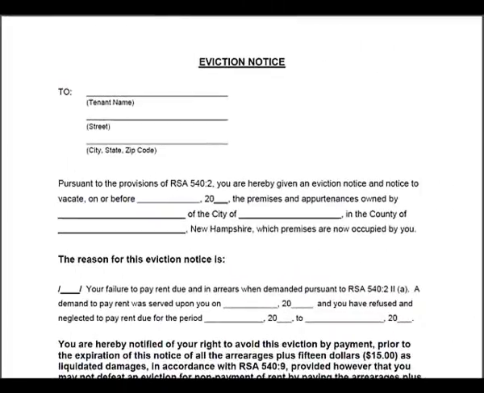The demand for rent documents that the rent is due and is currently unpaid. The notice to quit is a document which says there was a demand for the rent and it is still unpaid, and therefore you must vacate the premises within 7 days.